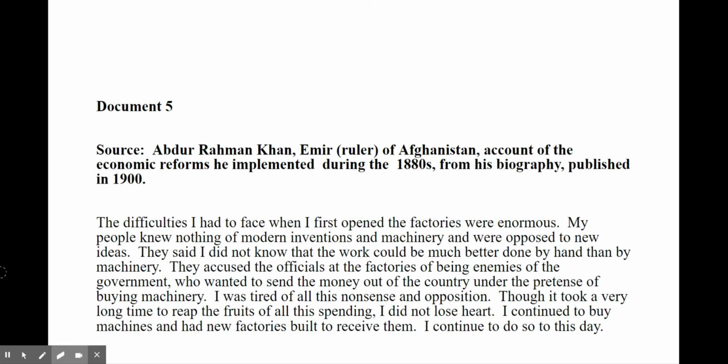And then finally, document 5. Document 5 is a ruler. He's the elite, and he is basically trying to become modern through an economic fashion, through factories, machinery, etc. He wants new factories, new machineries. He wants the people that are using their hands and doing things by hand, which is slow and cumbersome, to stop.